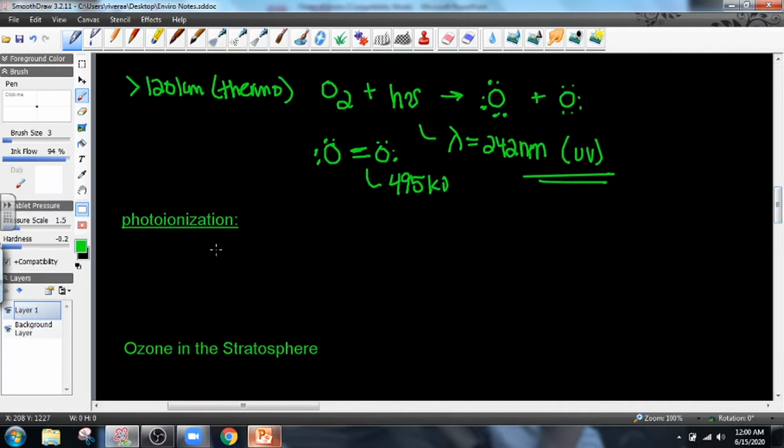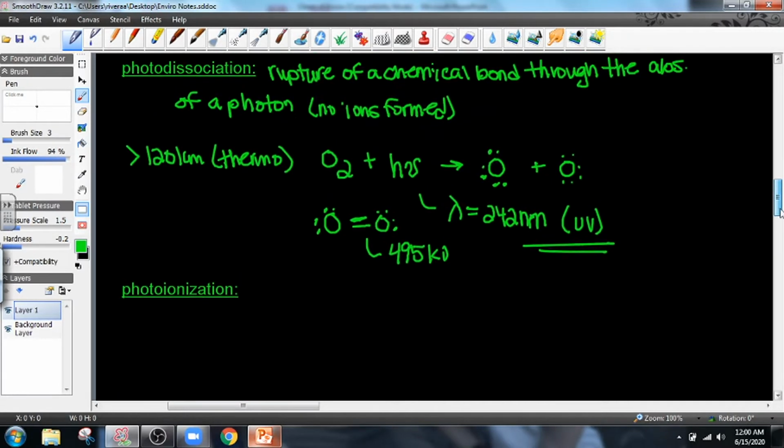But let's first talk photoionization. Think about what the difference would be. Photodissociation is we break apart into neutrally charged atoms. Photoionization is when the absorption has enough energy to just completely knock an electron off of the molecule.